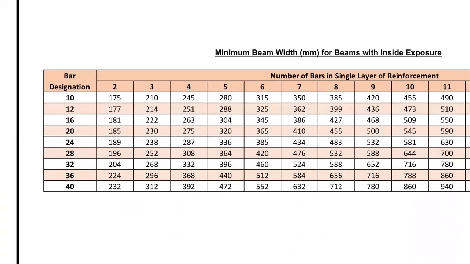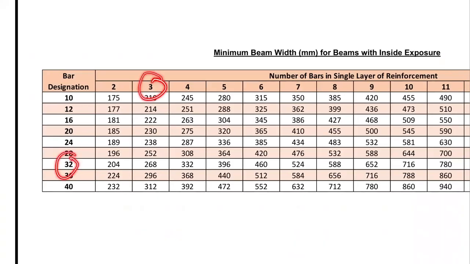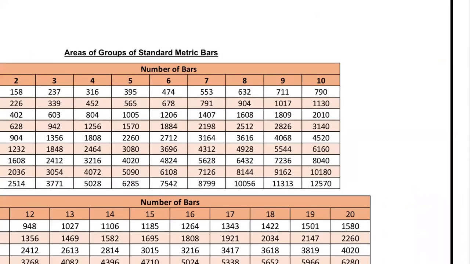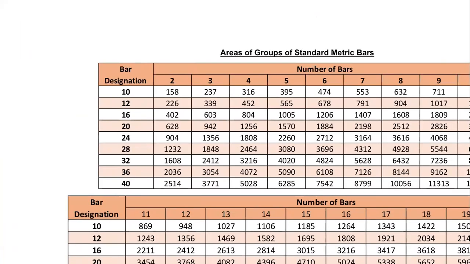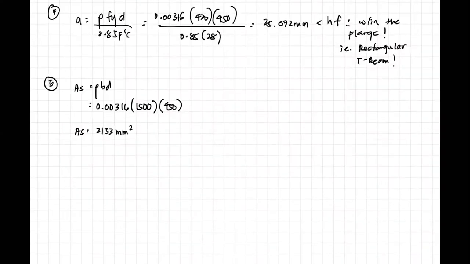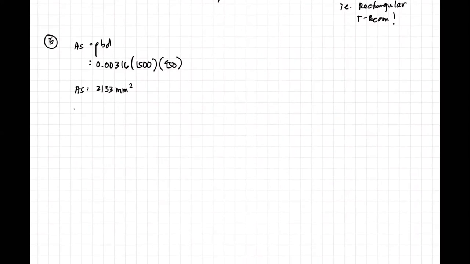And tingnan natin, pag 3 pieces na 32, ang required na width niya ay minimum 268. 300 yung atin. So pasok siya yung width. And then, yung area natin is 2412. Okay? So, use 3 pieces ng diameter 32. Ang As niya is 2412 mm squared.